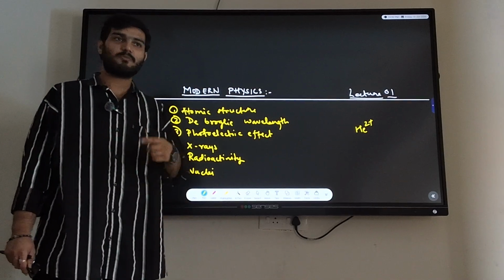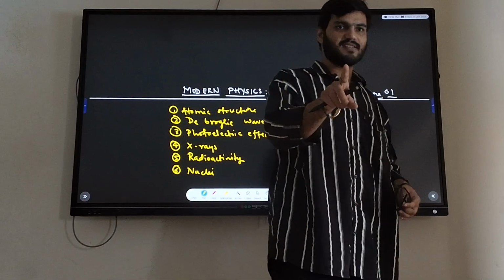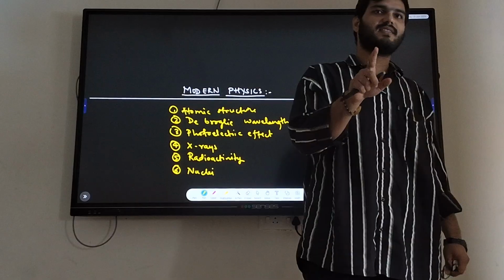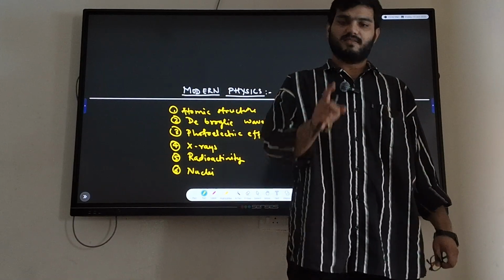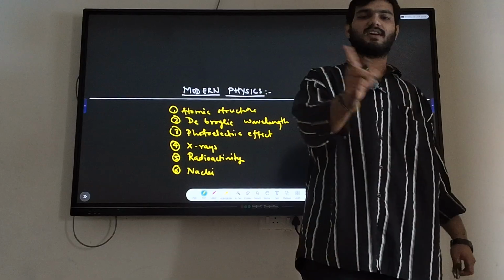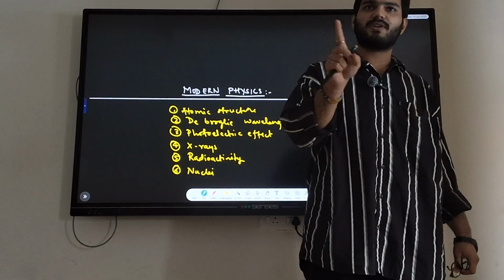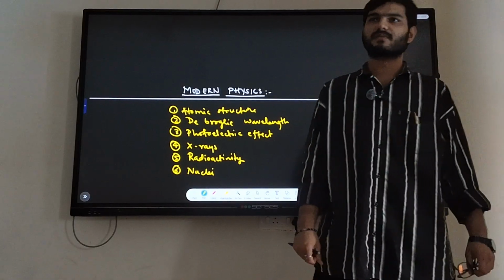And then he said one more thing. He said that there have to be negative charges, but how are the negative charges moving? They are moving in a way in which the planets revolve around the sun. They move along in circular orbits, where if you are performing circular motion, you need a centripetal force. Who is providing that centripetal force?